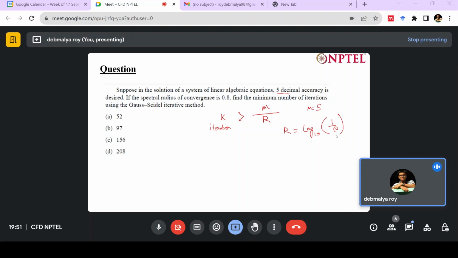Whatever norms or eigenvalues we calculate, we always take the maximum one as the spectral radius. The reason is so that we do not underestimate the number of iterations.